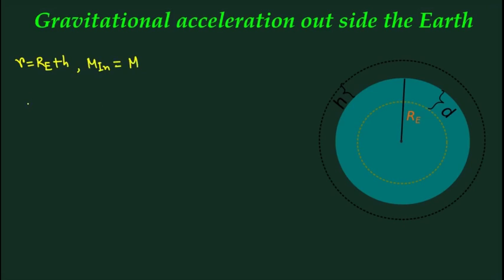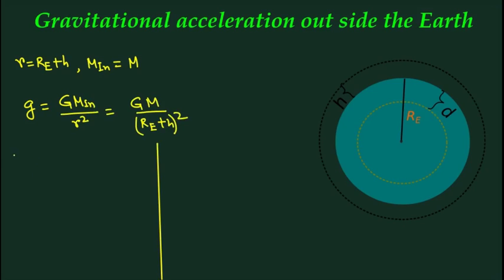So the gravitational acceleration will be g equal to G m inside by r square, which is equal to G capital M by RE plus h whole square. For small height, that means h is much smaller than RE, we can write this as follows.